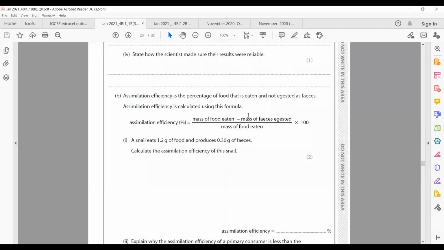Thank you, Salma. Wad, number B. Assimilation efficiency is the percentage of food that is eaten and not digested as feces. Assimilation efficiency is calculated using this formula. Calculate the assimilation efficiency of the snail.